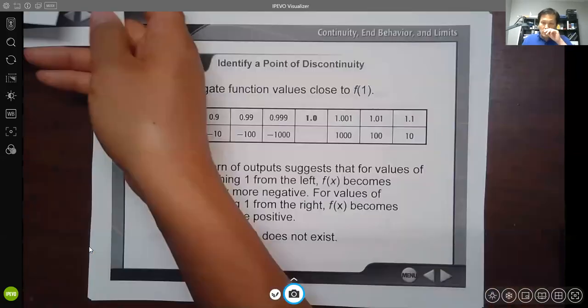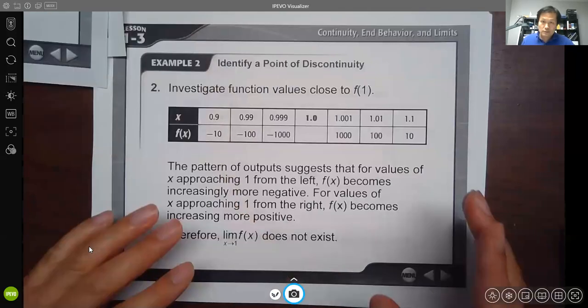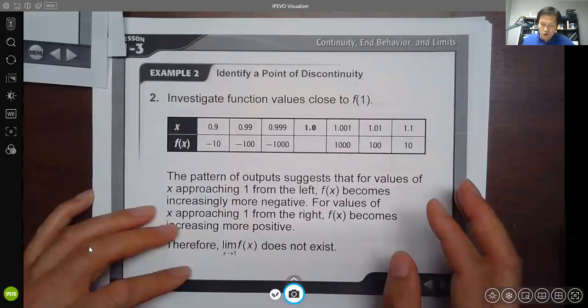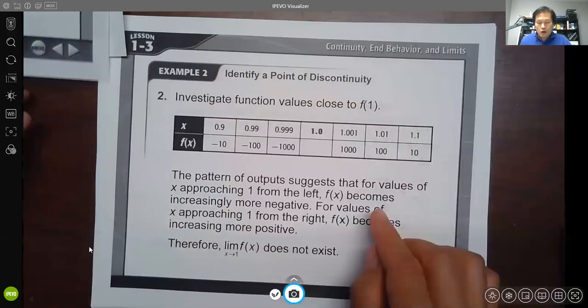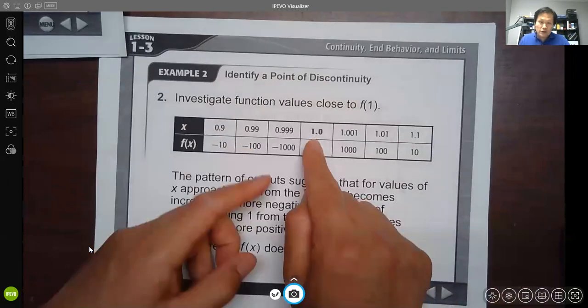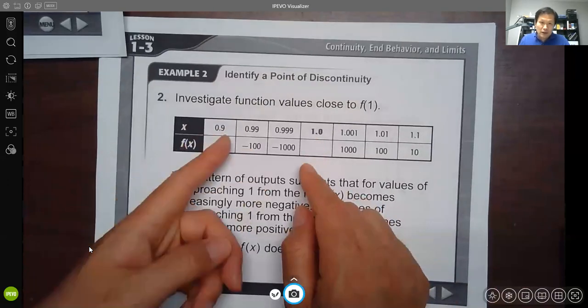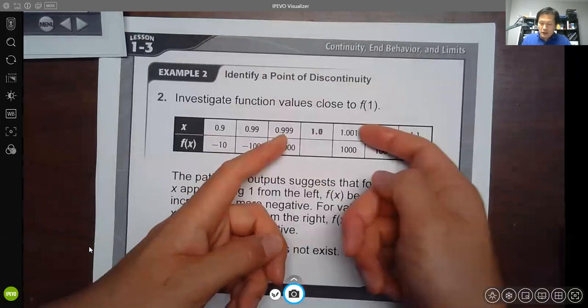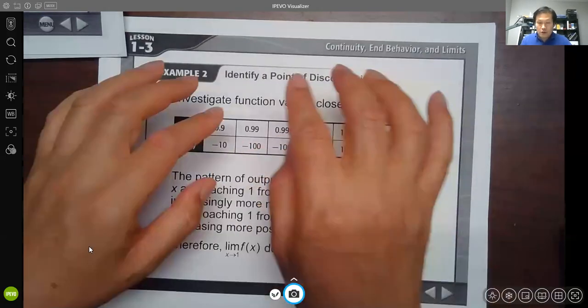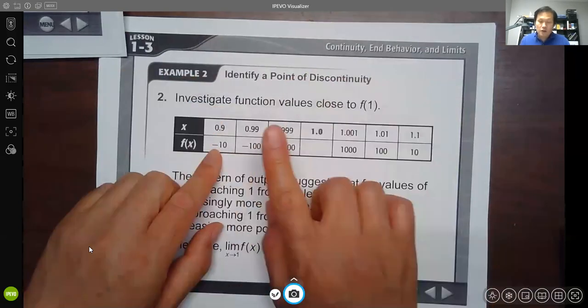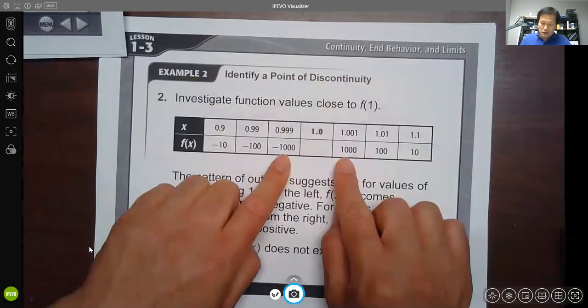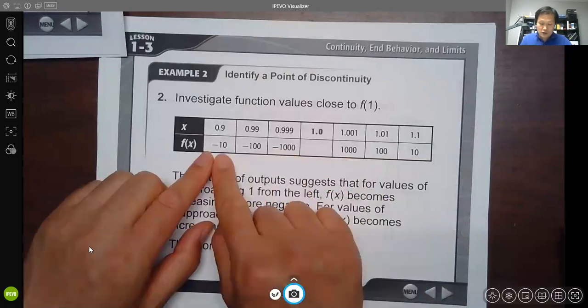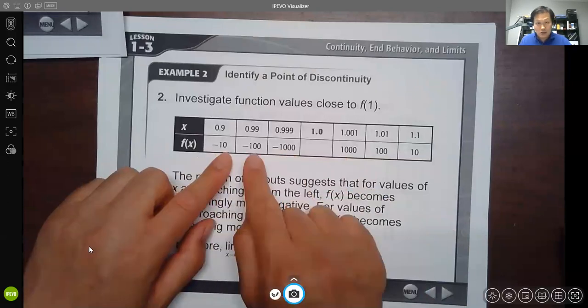In case there's no graphing available, you can take x values around 1, like 0.9, 0.99, 0.999, x values from the right, and plug the x value into the function. You get the y value. Look at the y value. Here, the y value used to be minus 10, then minus 100, and so on.